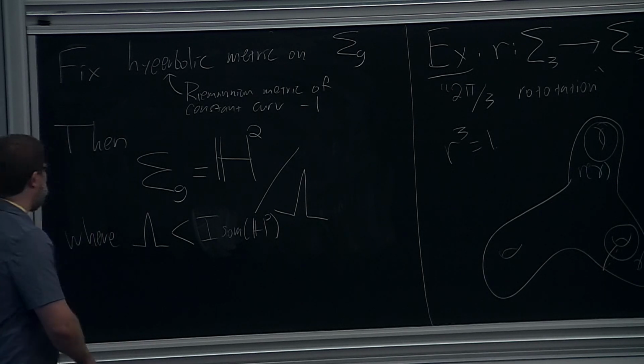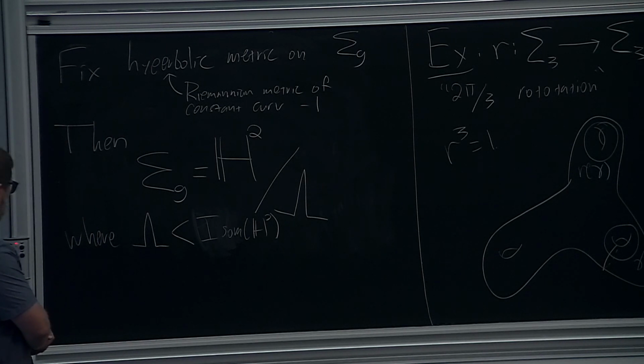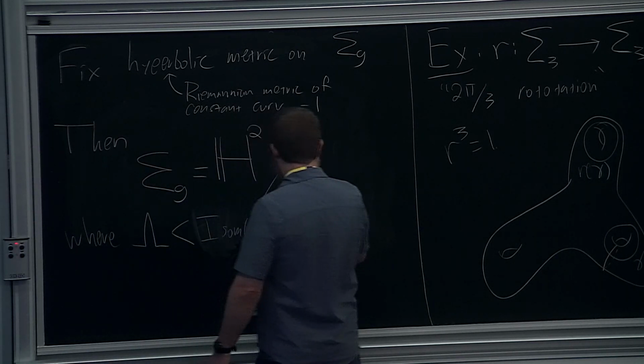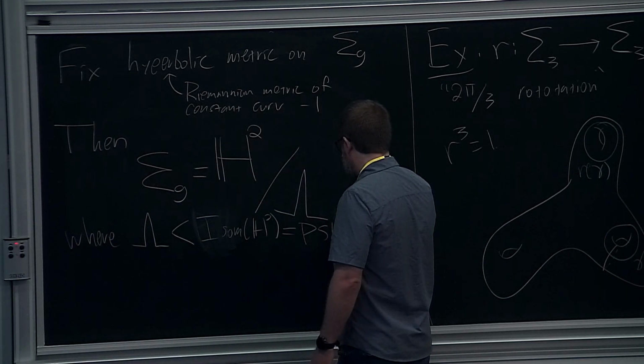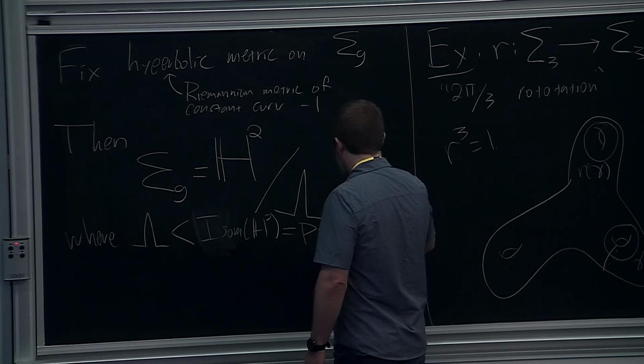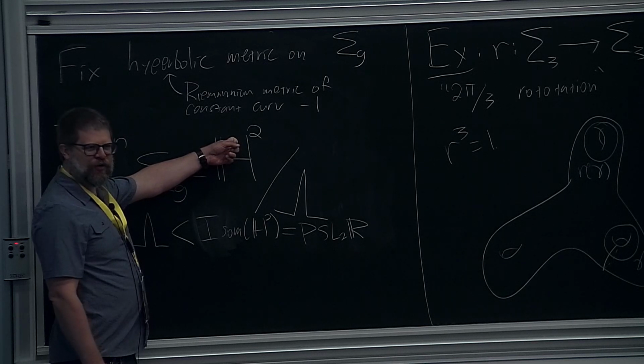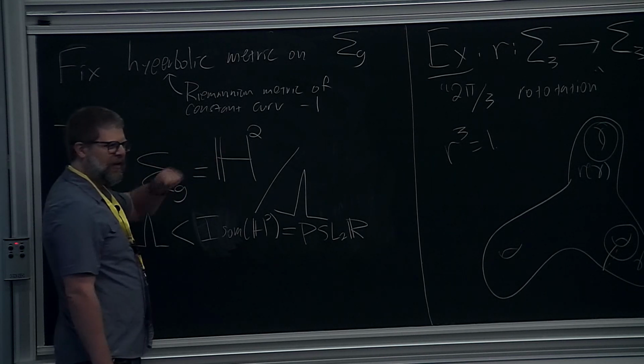Okay, so lambda is inside the isometry group of hyperbolic space, which is PSL 2R. PSL 2R acts on the upper half plane by linear fractional transformations. That's a familiar picture, I think.